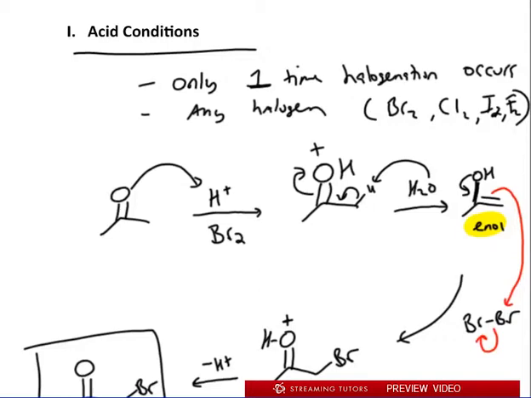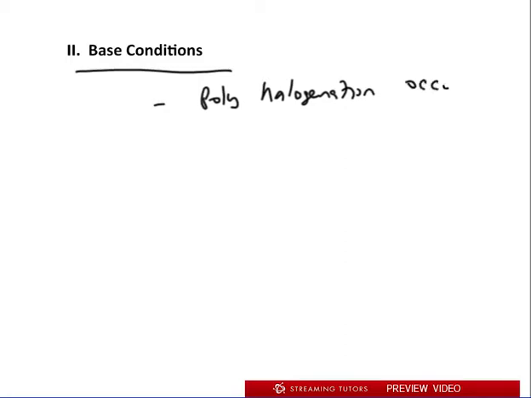Let's talk about the base pathway. For the base pathway, this is special. It happens many times. Let me write it: polyhalogenation occurs. Now, remember, you have to first figure out where the acidic position is. For our templates, it's always alpha.